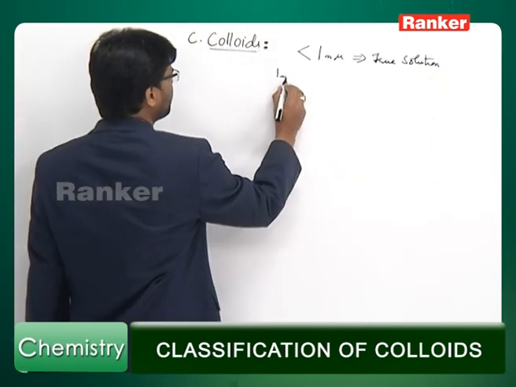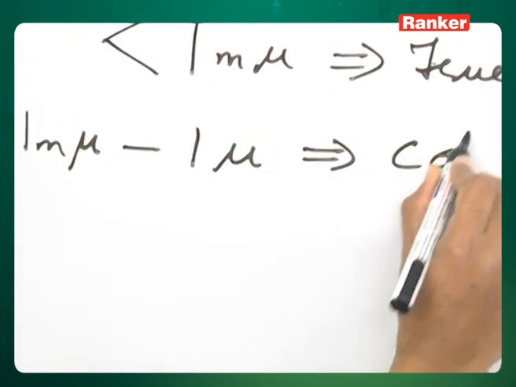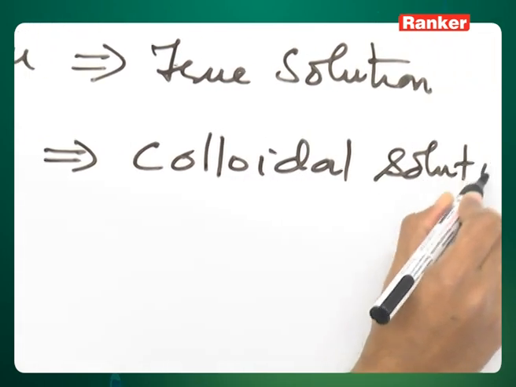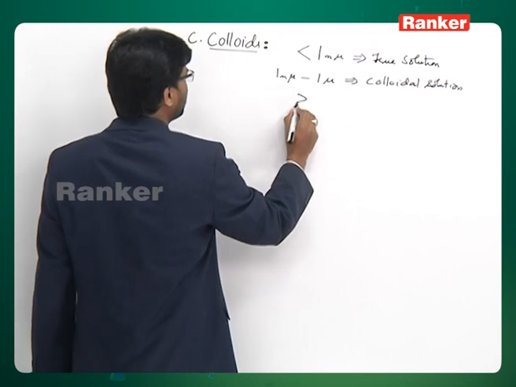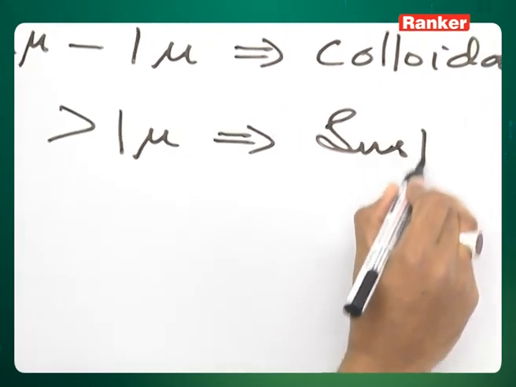If it is in the range of 1 millimicron to 1 micron, then you call it a colloidal solution. If it is greater than 1 micron, then it is described as a suspension.